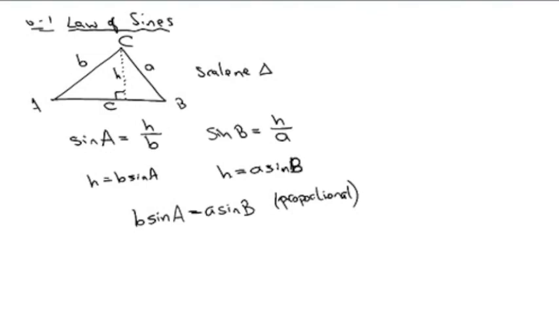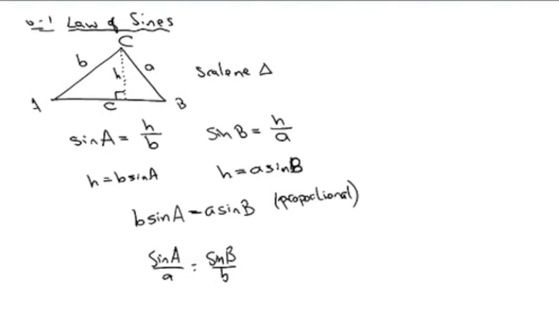So if I want to set this up as a fraction, I can divide both sides by a and divide both sides by b. So this becomes sine of big A over little a is equal to sine of big B over little b.